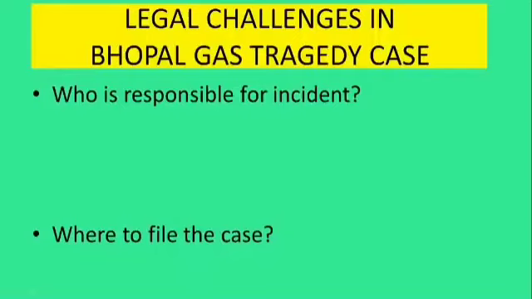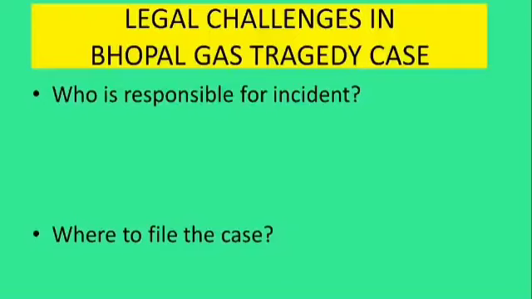On another side, we can also say that people believed at that point of time the Indian judiciary was totally weak. There was hardly any environmental law in the Indian judiciary, and therefore people thought that it would be better to file the case in America. So immediately after this incident, the case was filed in America, but federal judges soon rejected the case.